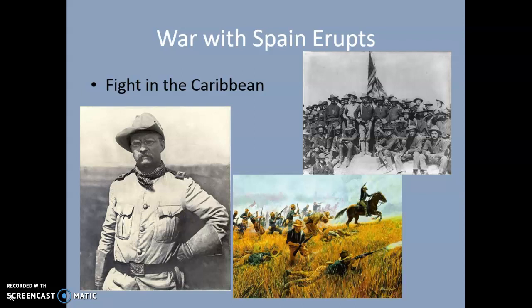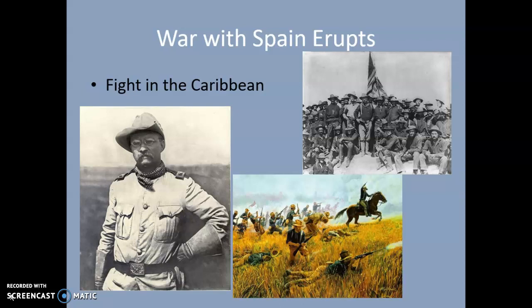This is prior to his presidency, when he was just a war hero from the Spanish-American War. Teddy Roosevelt led a volunteer cavalry force in Cuba. There were honestly dozens of other units that were successful with the Rough Riders, but the Rough Riders get all of the credit and the attention, all the notoriety.